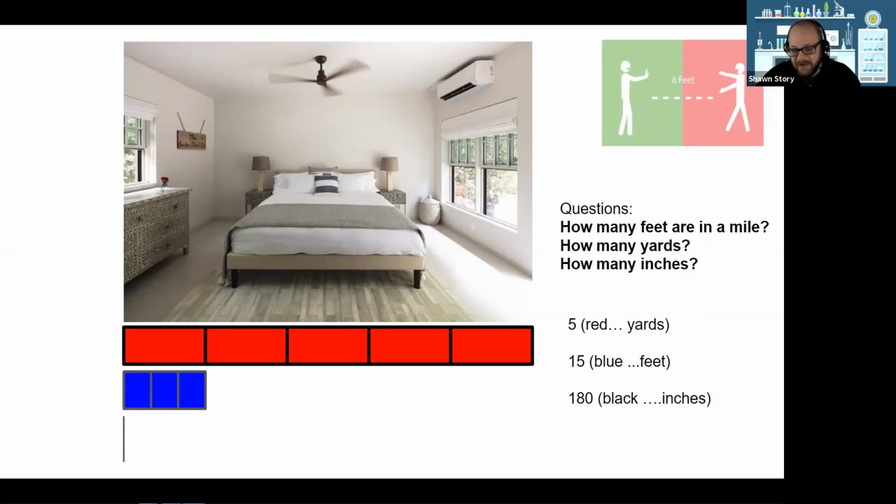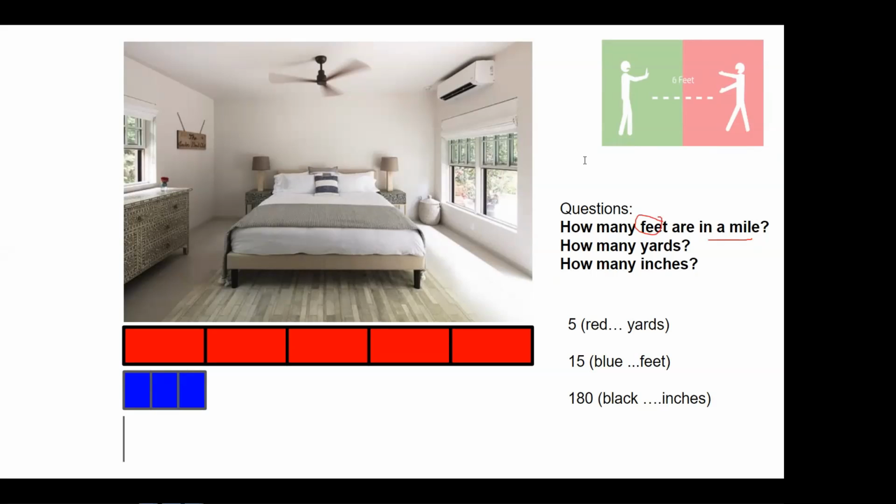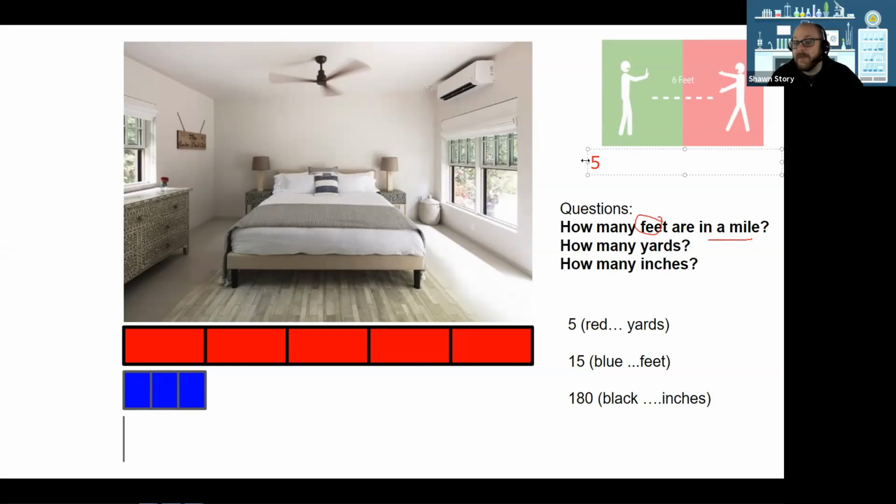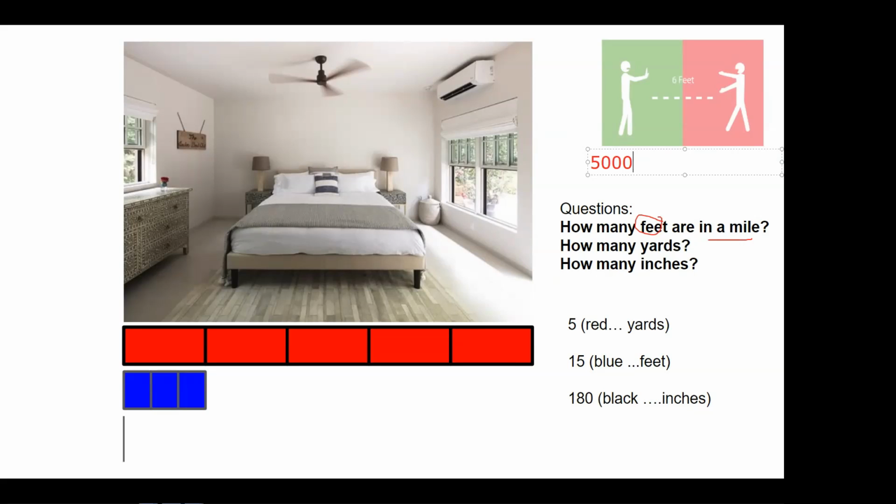If you had to do your best estimate, how many feet do you think there are in a mile? Any guesses? Let's go with 5,000 feet. Good, very close. It's a little bit more than 5,000. Any other guesses? 7,000. Oh, way too much.